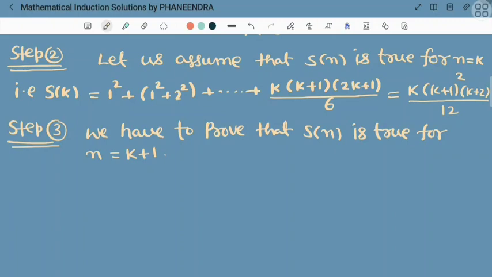So first, the kth term is there. To prove the given statement S of n for n is equal to k plus 1, we have to find the (k plus 1)th term of the series. So the (k plus 1)th term: wherever k is there, this is the kth term. You remember, this is the kth term. I will rub this.